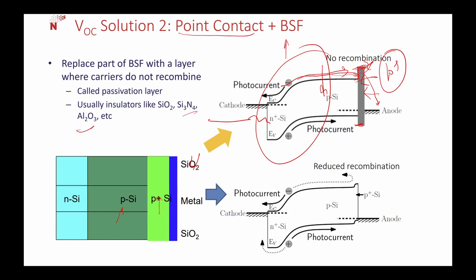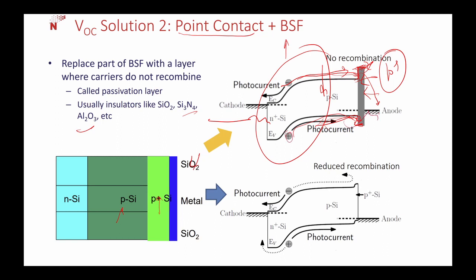But the problem will be the photocurrent, how this photocurrent can be there. These holes also cannot go, they will also get reflected back. But we do not want this to happen, because we want these holes to be collected at this point.